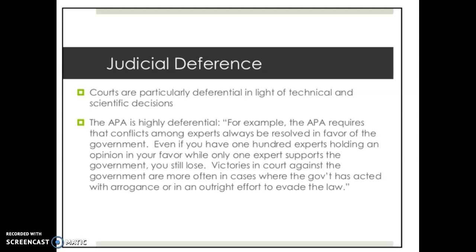This is kind of an exaggeration, I think, in this quote, but it's still illuminating of the level of deference in favor of the government. The victories in court that have come against the government are often in cases where they've acted with arrogance or an outright obvious effort to evade the law. So, something that's more obvious.